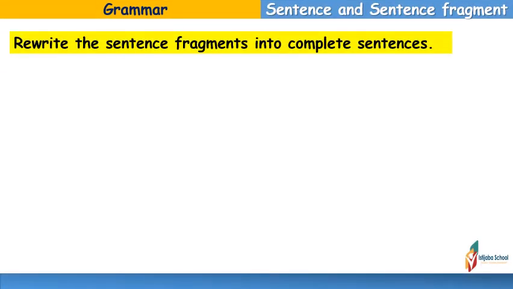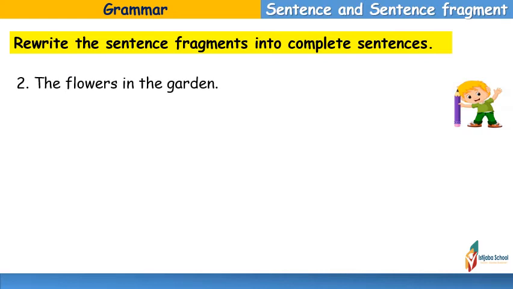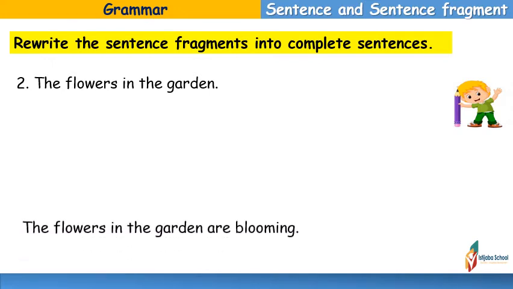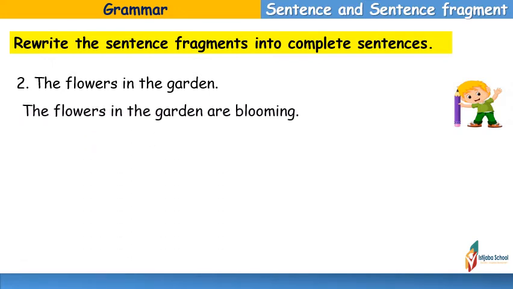Rewrite the sentence fragments into complete sentences. The flowers in the garden. What words you may add to this group of words so that it can become a complete sentence? We can say the flowers in the garden are blooming.